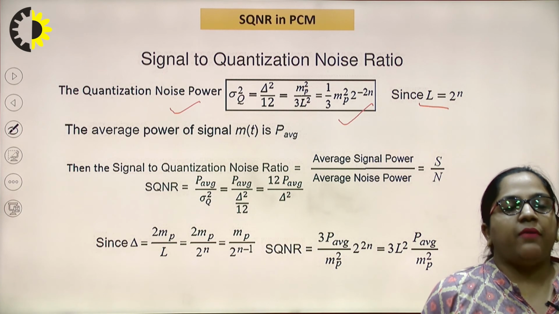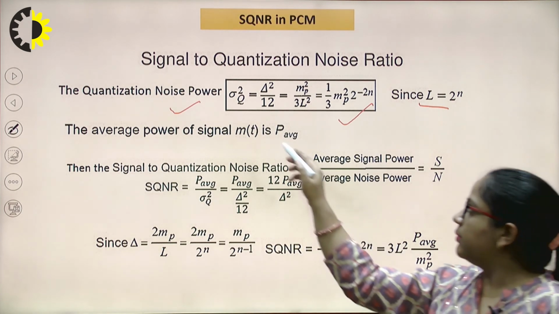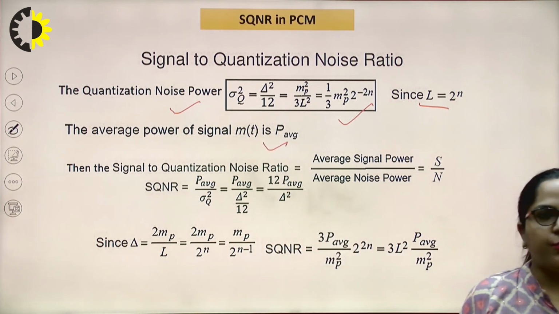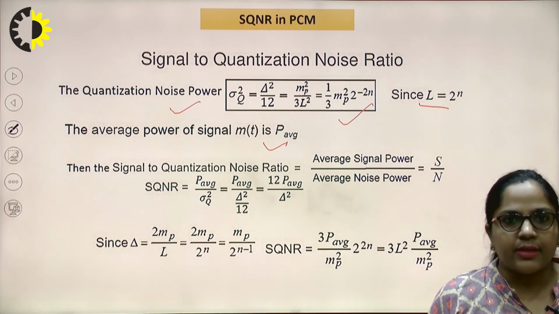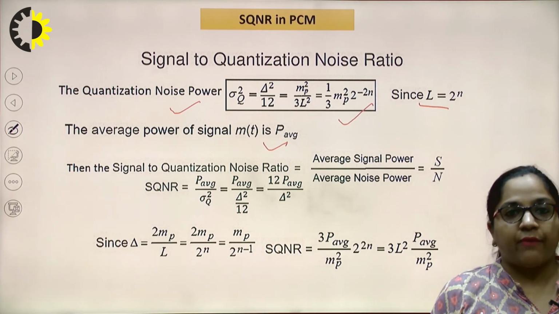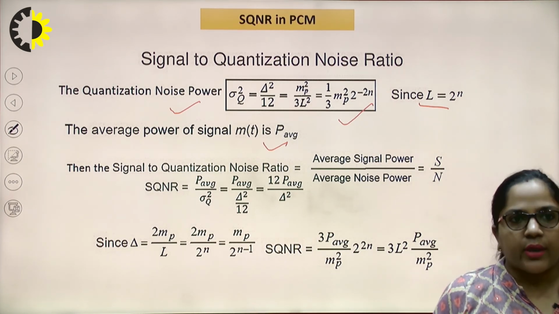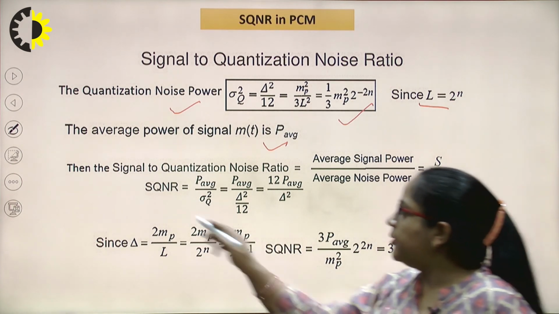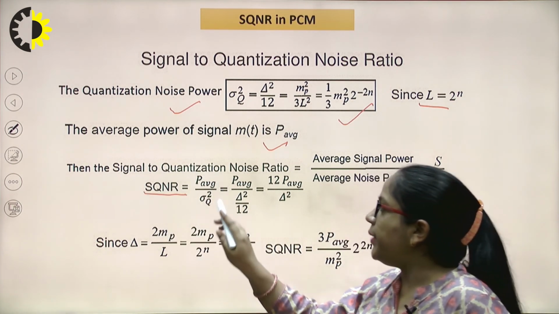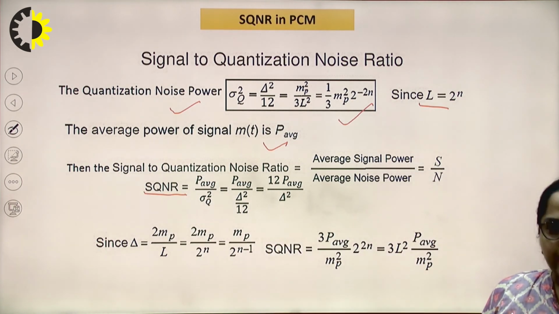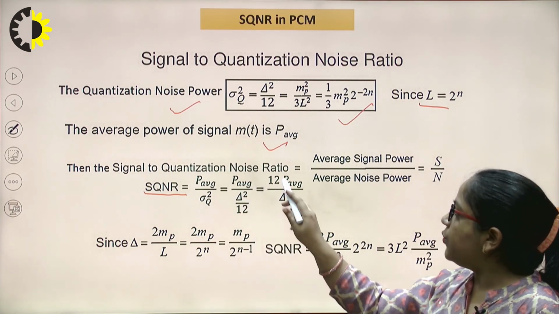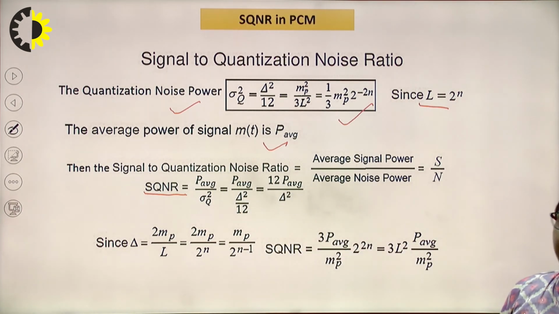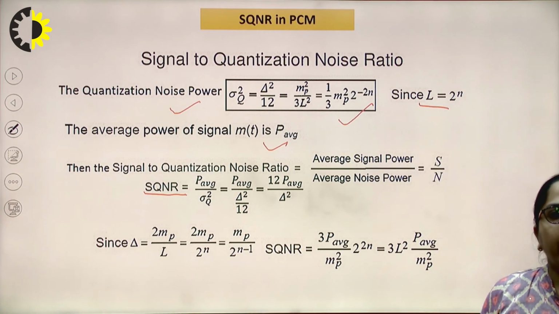The average power of the signal we can represent with P average. So the signal to quantization noise ratio, that is the ratio of average signal power to the average noise power, SQNR equals P average divided by quantization noise power, equals P average divided by Δ² by 12, or 12 times P average divided by Δ².